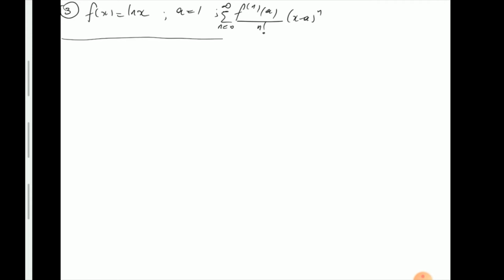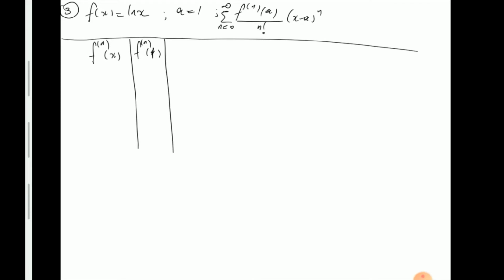And let's do that table again. So we're going to have a column for the n-th derivative, then that evaluated at 1 actually, because a is equal to 1, and then the actual coefficient, the n-th derivative at 1 over n factorial.